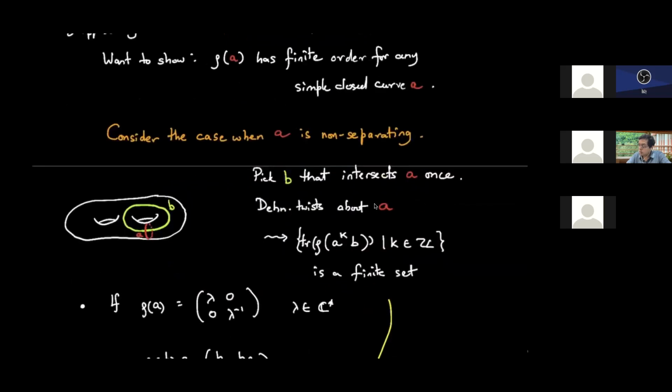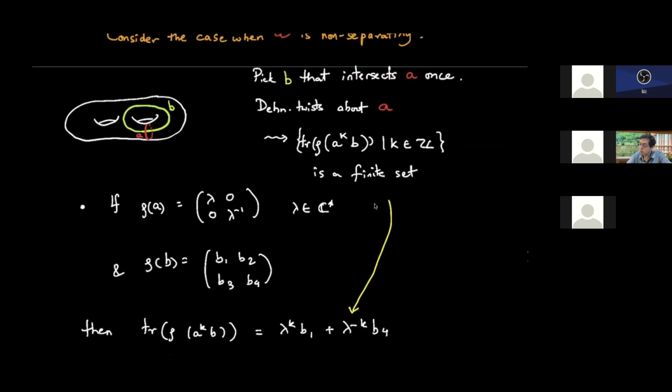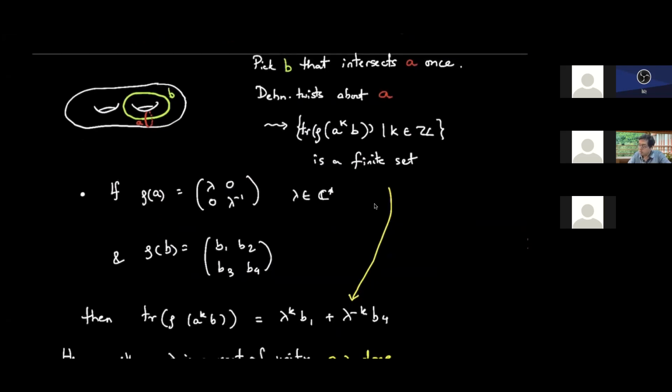In any case, you then analyze the different possibilities. You compute what these traces are in a couple of different cases. If rho of A is conjugate to this diagonal matrix, lambda 0, 0 lambda inverse, then if you compute these traces, this is what it gives you.